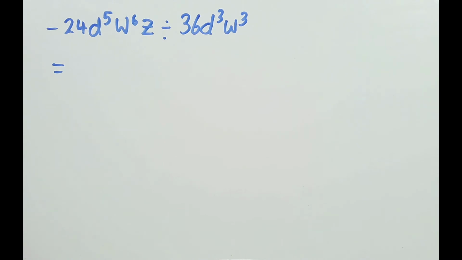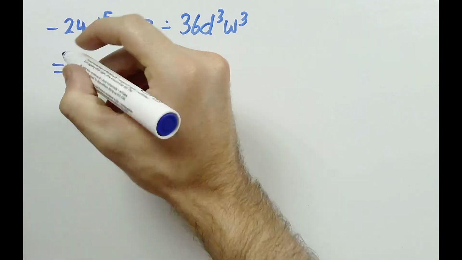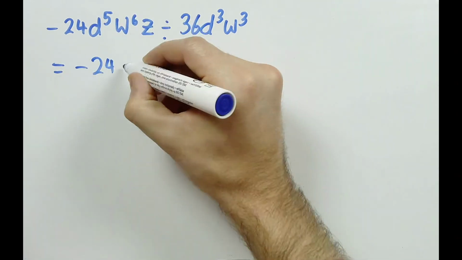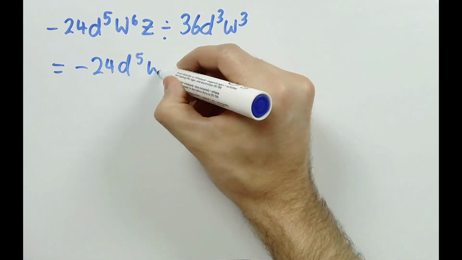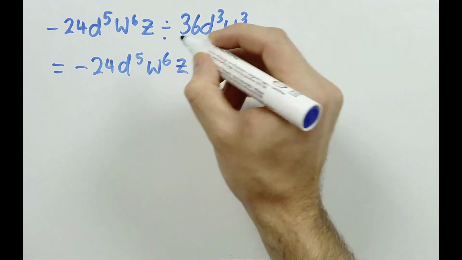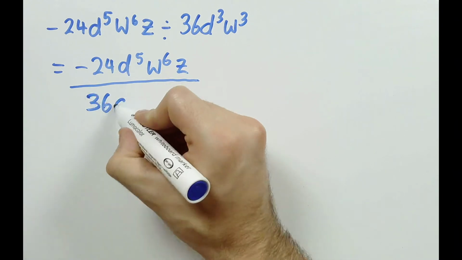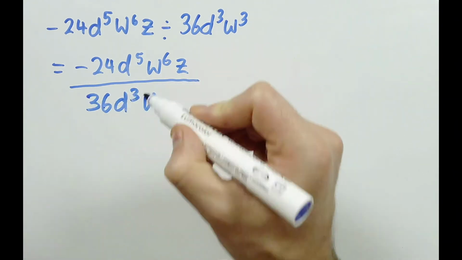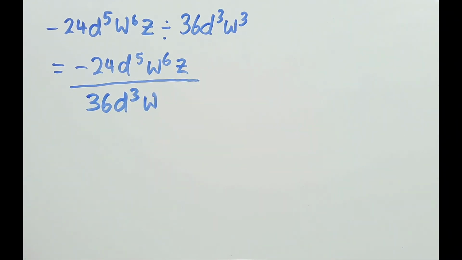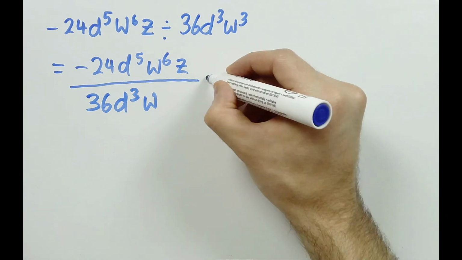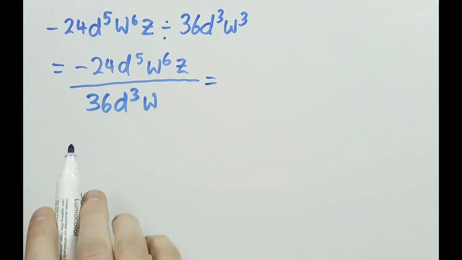So don't get too caught up with the numbers, or with the letters, sorry. So here, let's just represent this equation as a fraction to make it a bit easier. So here we can see that, let's first tackle the numbers.